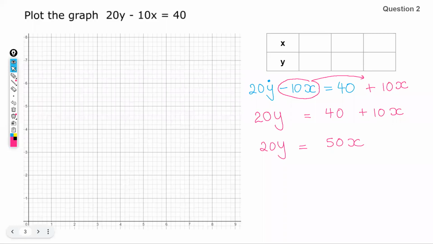And I said something wrong on purpose. You all notice that I'm not supposed to be able to squish the 40 and 10x together, right? Because one has x and the other does not have x. You cannot squish those two together. They're incompatible. So unfortunately, I have to leave it as 40 plus 10x.